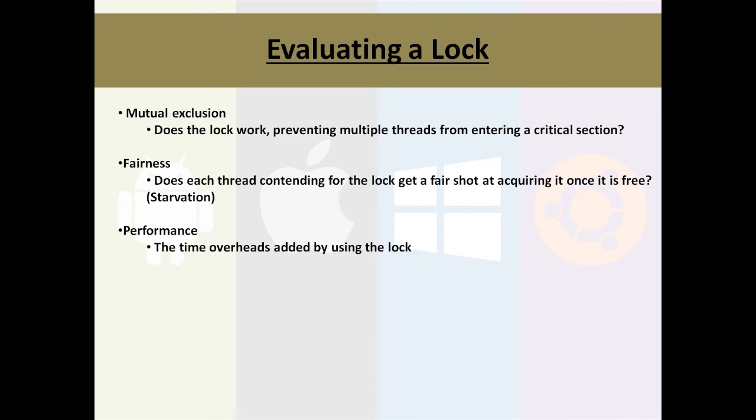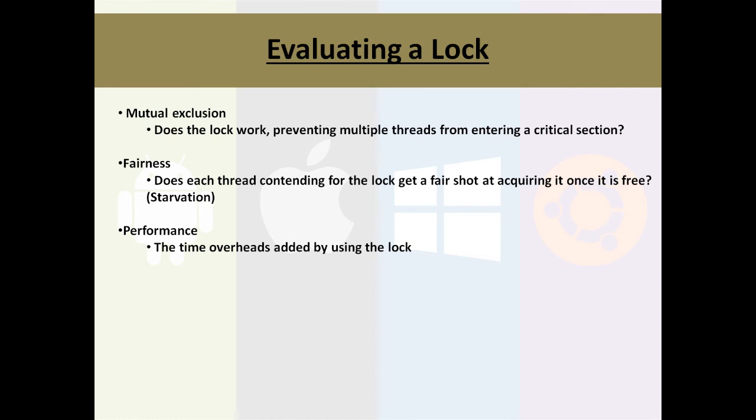We also want to evaluate the performance of the lock by measuring, does it actually provide mutual exclusion? In other words, does the lock prevent multiple threads from entering critical sections? Does it ensure fairness, meaning that each thread has an equal opportunity of acquiring the lock when it is free?